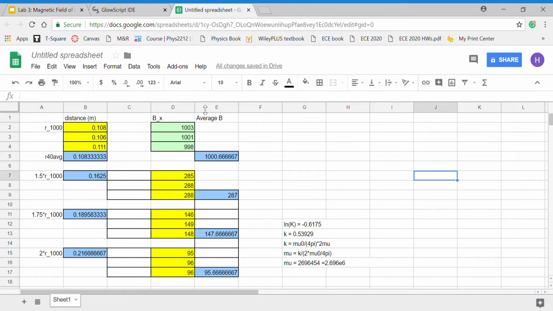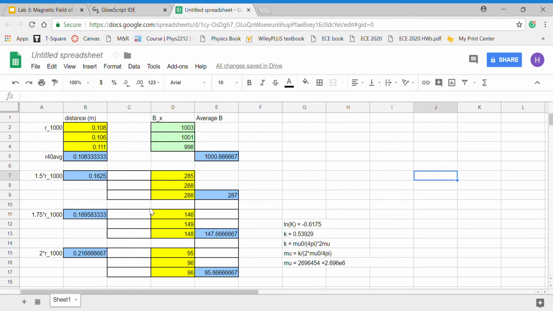So when we look at our data, we can see my average R1000 was 0.1083 repeating meters when the x component was 1000 microteslas. And then for 1.5 times R1000, we got an average x component of the magnetic field being about 287 microteslas.